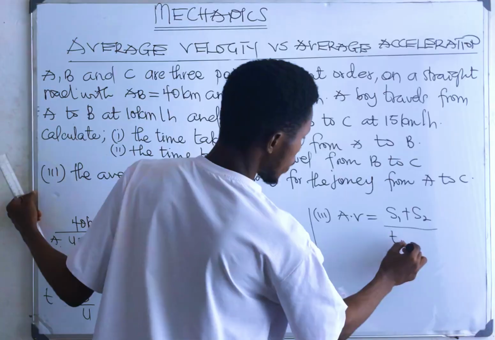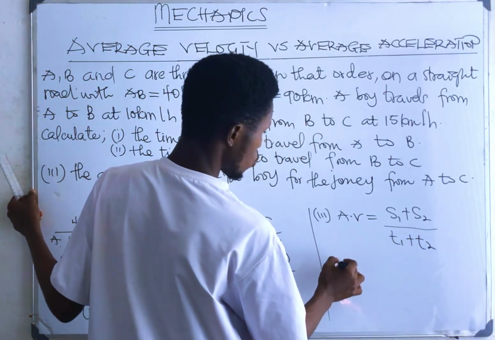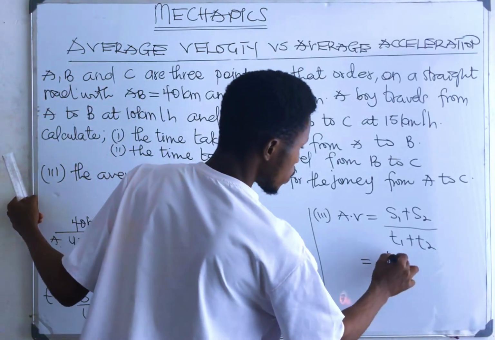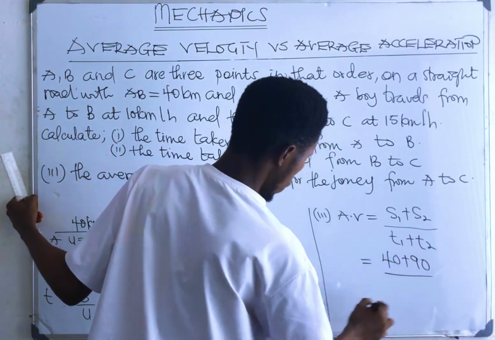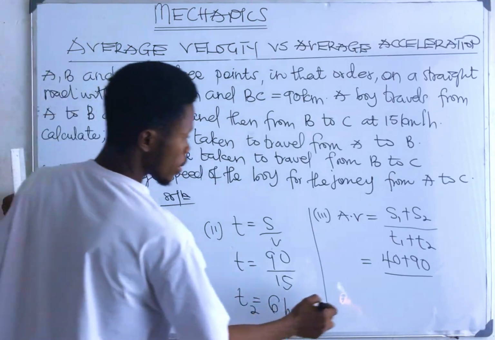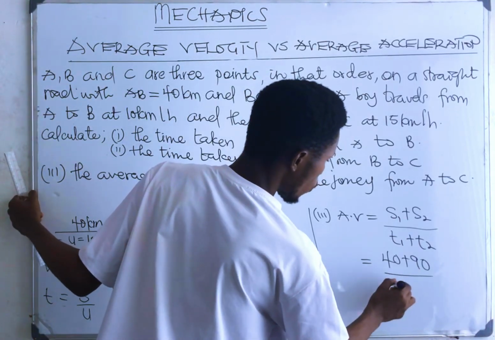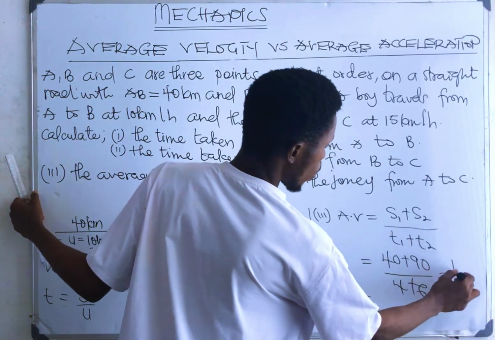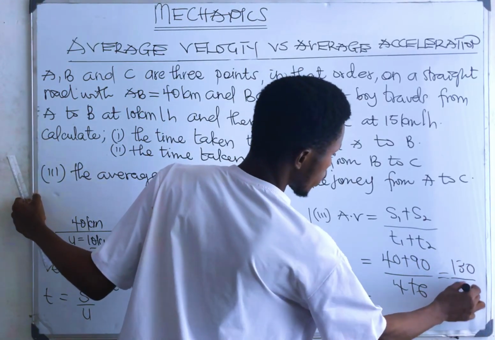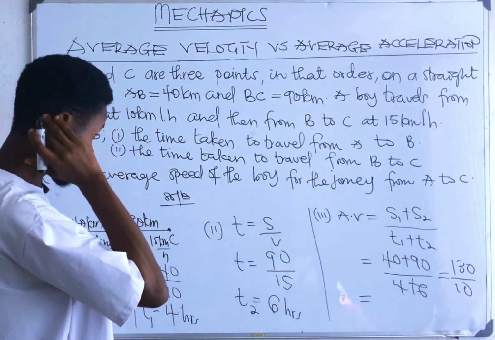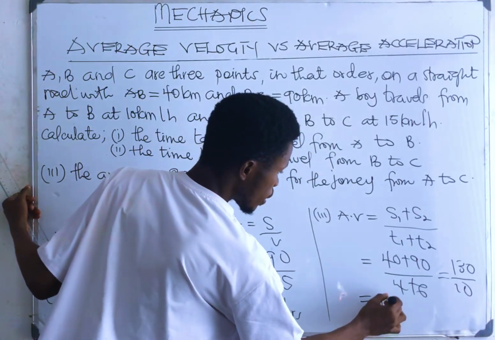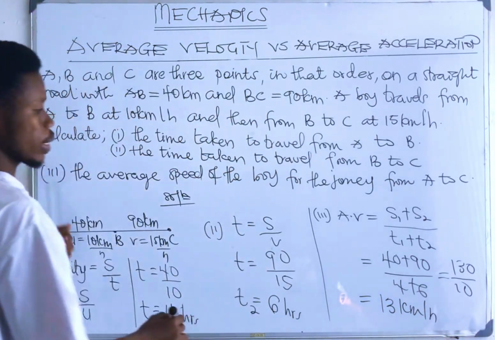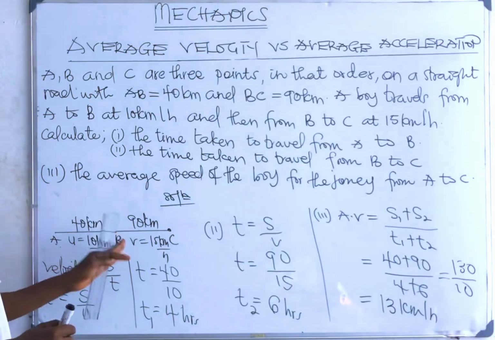So 40 plus 90 over 4 plus 6, which is 130 over 10. Therefore, average speed will be equal to 13 kilometers per hour. Is that okay? So that is the solution to this question.